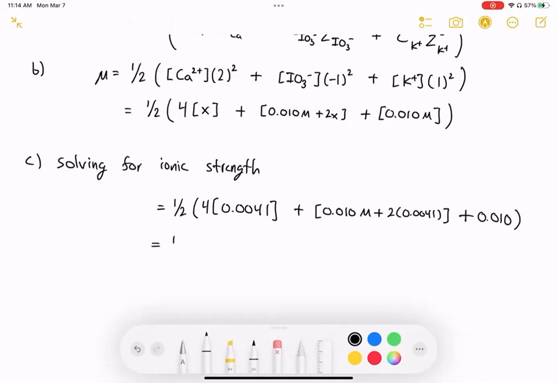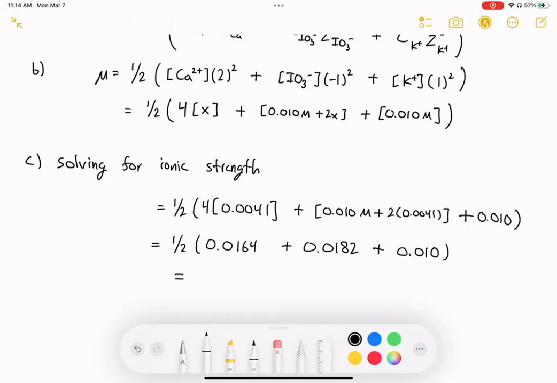So let's do this stepwise so it's easier to follow along. 1/2 times 4 times 0.0041, we get 0.0164 plus 0.2 times 0.0041 plus 0.010. That gives us 0.0182 plus 0.010.